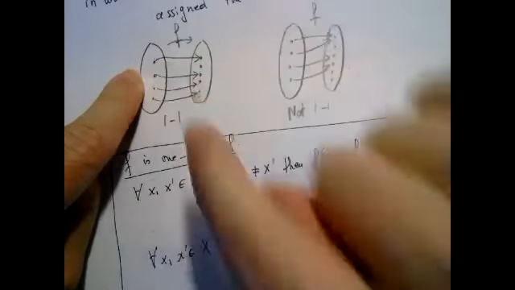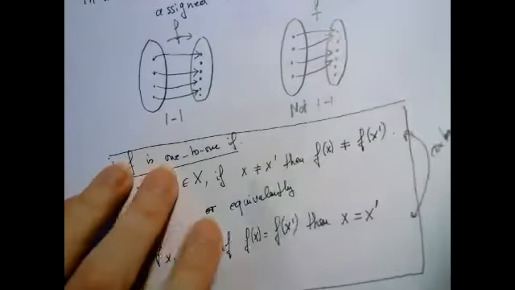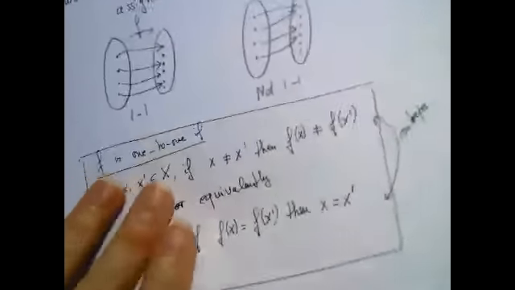Or if they are the same, it means what we started with has to be the same thing. Okay, so we're going to practice this definition a little bit. So we're going to take several examples to learn how to show a function is 1-to-1.